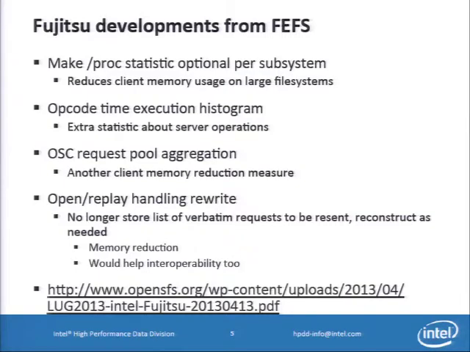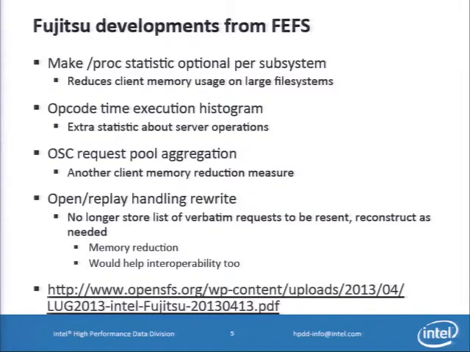The other similar feature is OSC request pool aggregation, where right now each OSC has a special pool of pages just in case we are low on memory, so that we can actually still send requests and free memory by flushing dirty data. When you have just like 10 OSTs in your system, or even 100, that's not such a concern.